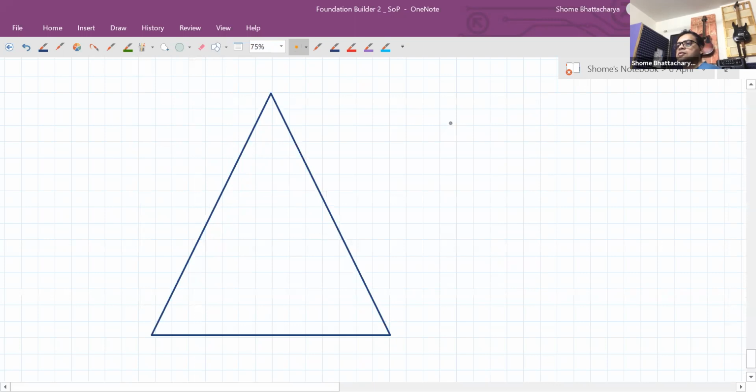So for this triangle now, at some distance y from the vertex, like this, I'm just cutting a strip like this.